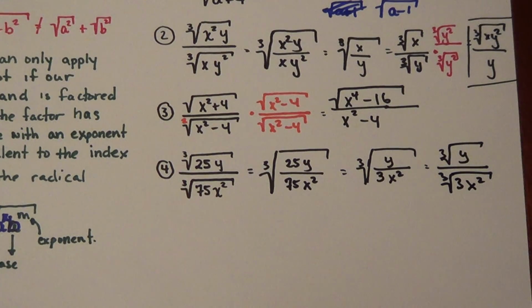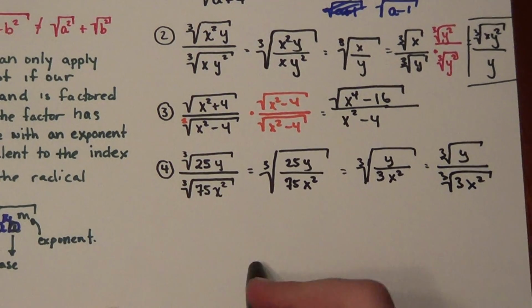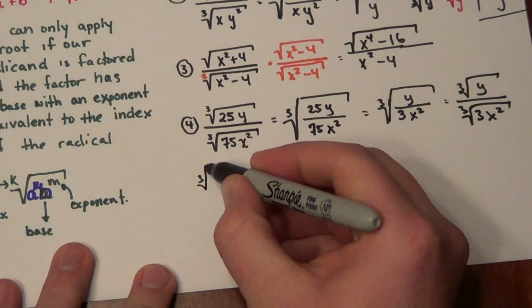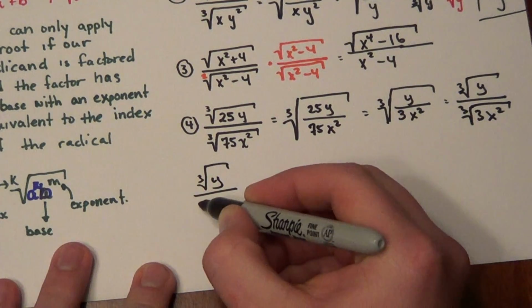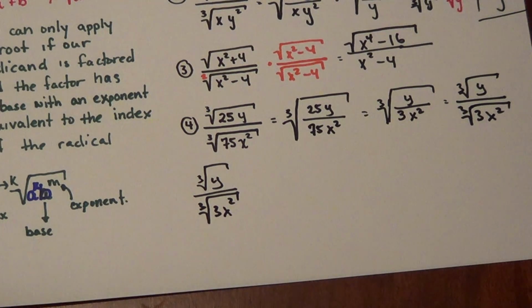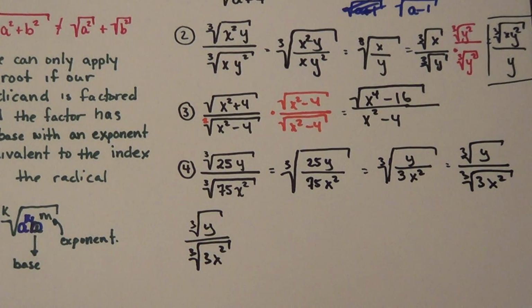So, when I do this, the important thing to remember is that every factor for me to remove the root must match this index. So, as I bring this down here very quickly, I have the cubic root of y, remember, divided by the cubic root of 3x squared. Every exponent must match the index for me to get rid of the root.